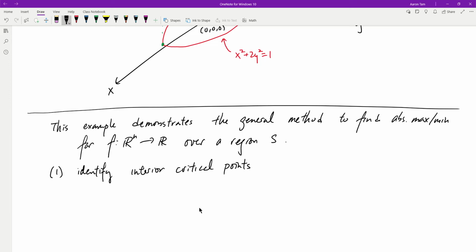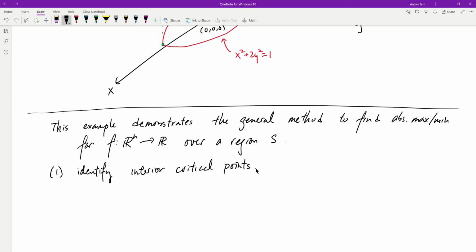If the question simply defines the region using an equation without any mention of interior, then you probably don't have an interior critical point to work with. But if the question defined the region using an equation but mentioned that we want the interior also, then obviously you have to do this first step.